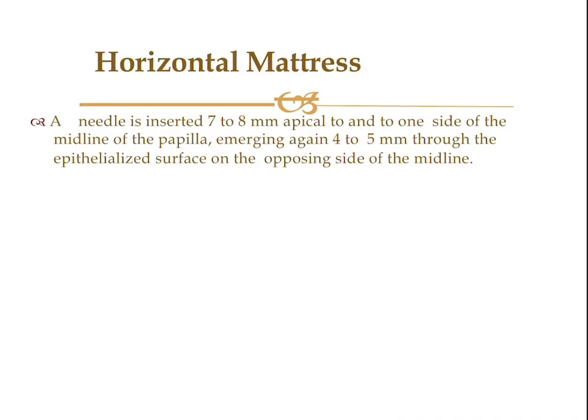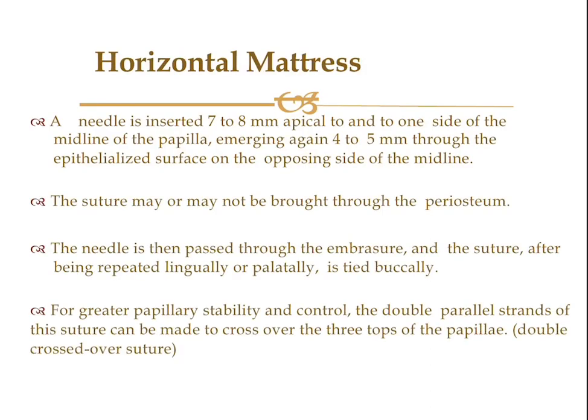Talking about the horizontal mattress sutures, the needle is inserted about 7 to 8 mm apical to one side of the midline of the papilla, and it emerges again 4 to 5 mm on the epithelial surface on the opposing side of the midline. The suture may or may not be brought through the periosteum.